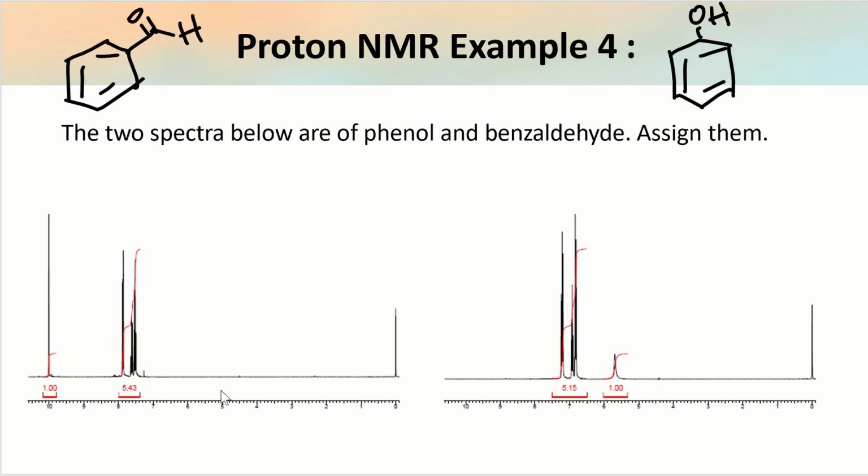So one is more upfield, one is more downfield. So that is an important thing that you need to pick up on, right? And you also need to pick up on the similarities, in that the arrangement of the peaks is pretty much the same. And then finally, the only distinguishing feature is the hydroxyl and the aldehyde proton.